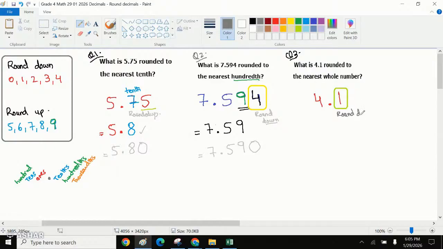Let me explain something over here. If this is a number line, where numbers are given, and this number was 4 and this number was 5, how many partitions can we have in the middle? 4.1, 4.2, 4.3, 4.4, 4.5, 4.6, 4.7, 4.8, 4.9, and 5 over here.